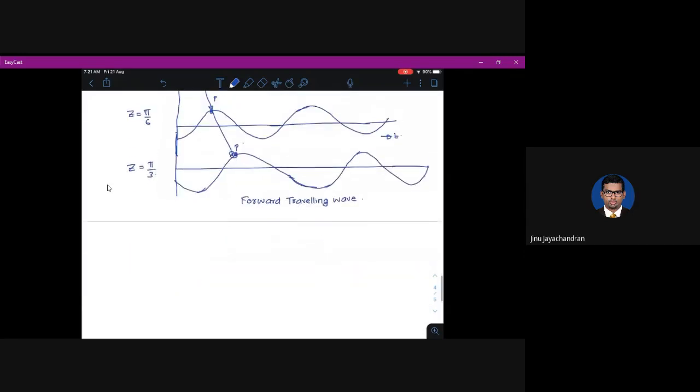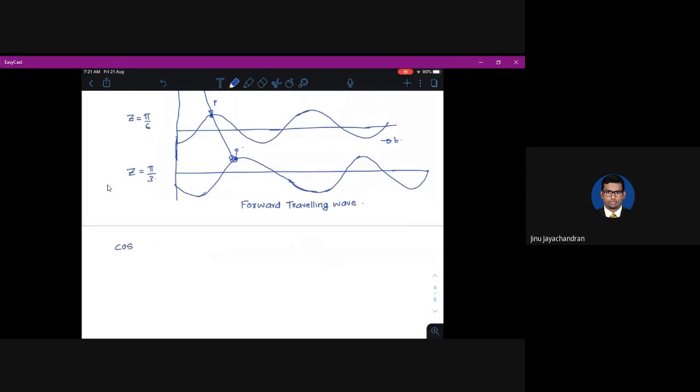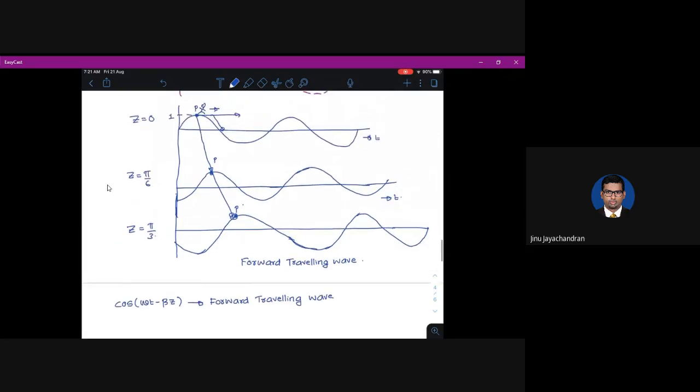So when you have cos of omega t minus beta z, you have a forward traveling wave, because you see the point P is traveling forward. So when you are on the top of the wave, at the value 1, you feel that you are going towards the front.